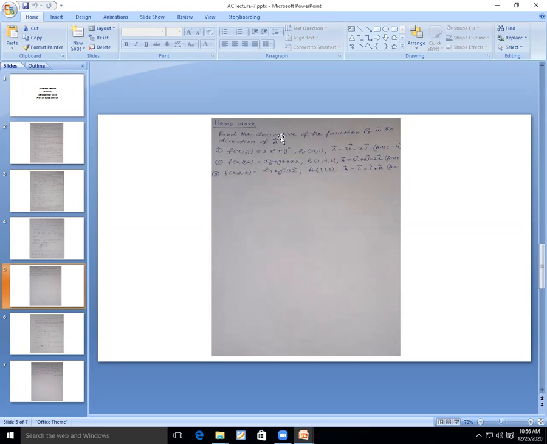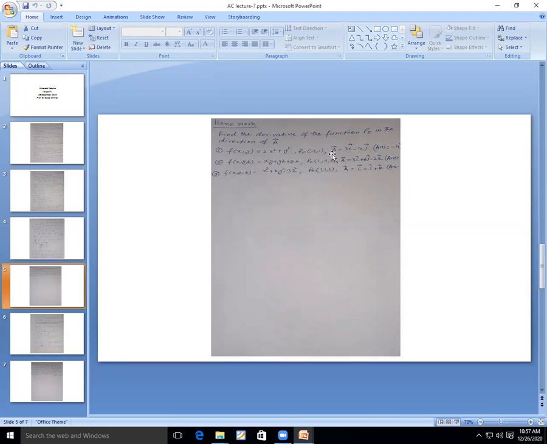Here we are using this vector A instead of u. In the first example, the function is in two variables, defined as 2x square plus y square. The point is (-1, 1), and the vector is A, which is equal to 3i minus 4j.